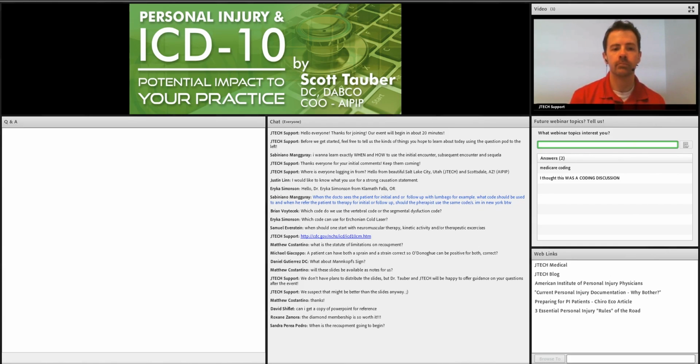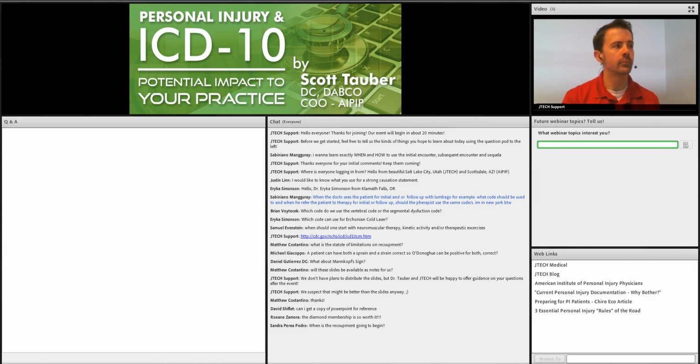I mean, it happened to you, but here's my point: insurance carriers are already doing it. So with the lack of specificity in your claims, you just allow that window and that door to be open even more for recoupment. Now, most insurance carriers don't go back more than 2 years, but within that 2 years, say for example you're treating a number of patients from a specific carrier, in 2 years you could treat 10 of those. And they decide one day to send you a letter saying, hey, we want to take a closer look at your documentation.